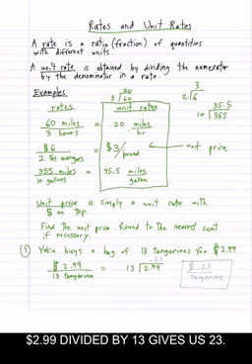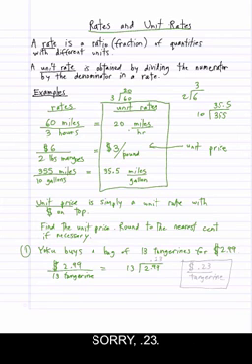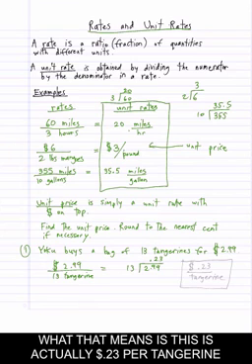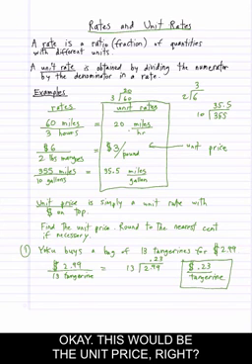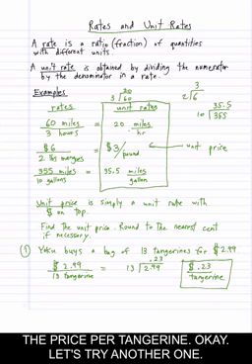We are not going to do this by hand. $2.99 divided by 13 gives us 0.23. What that means is this is actually $0.23 per tangerine, or another way to say that is 23 cents per tangerine. This would be the unit price, right? The price per tangerine.